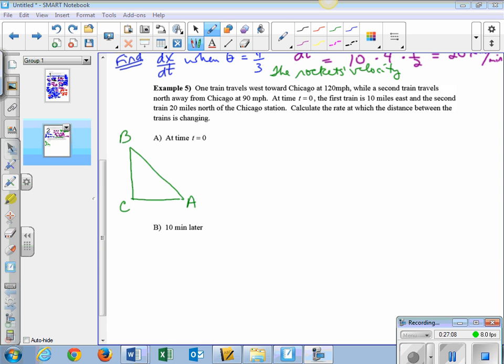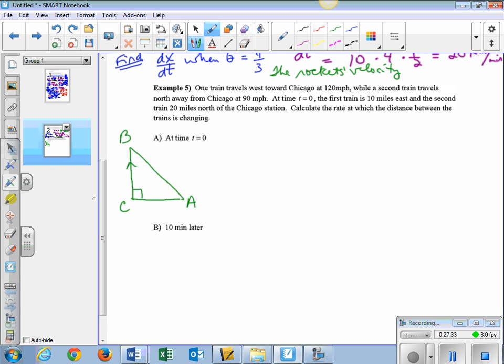Okay, let's see how you did. I set up my triangle this way, and I just wanted to show you something that I did on my little triangle. When they're giving me directions, sometimes I'll put in those little vector direction notations. It says that one train is going away, north of Chicago. So I'm going to put from C to B, I'm going to show that arrow going up.